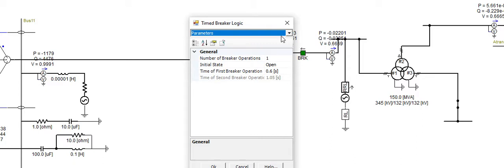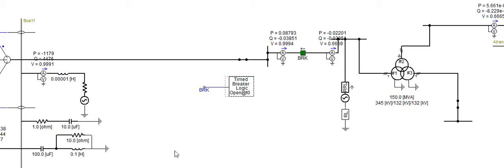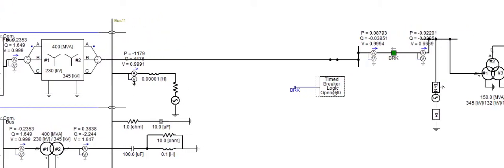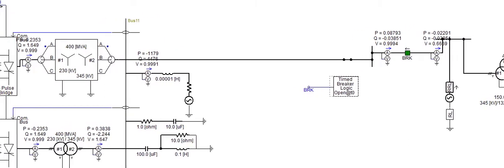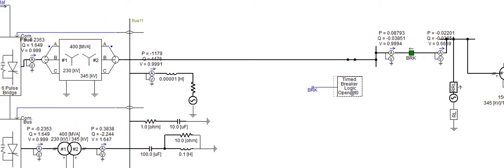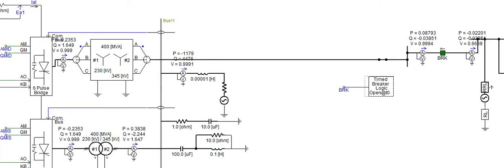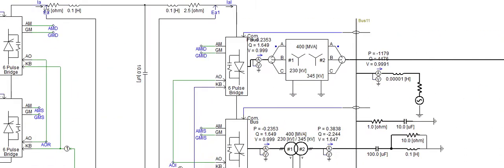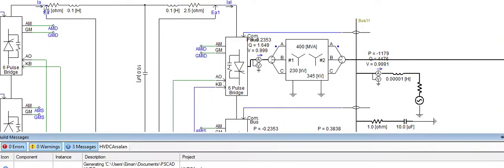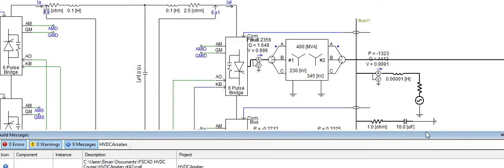During this simulation my breaker will remain open, and I have the output on both sides without any integration. After this simulation I will put it on. Now let's see what will happen and how this will affect the system.